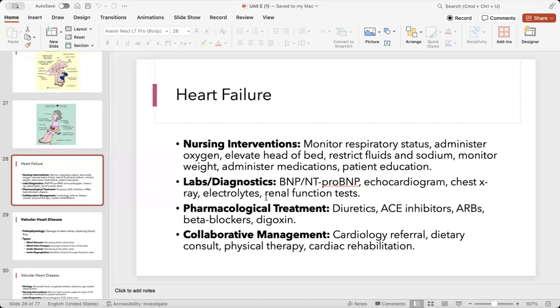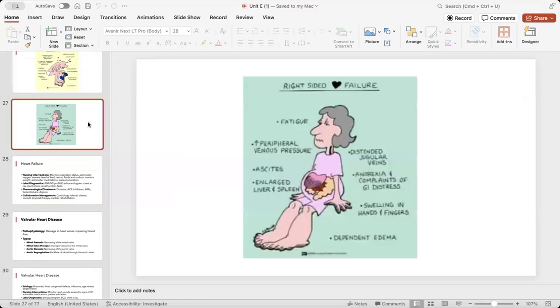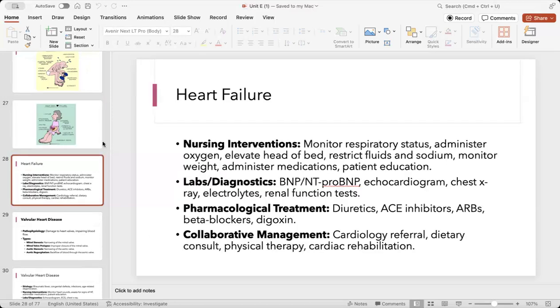A lot of times these people end up with low sodium levels because we're hanging on to fluid. It depends on your patient's pathophysiology, but sometimes we have to restrict fluid. We have to restrict sodium because, as I talked about in the screen recording, water follows salt, right?